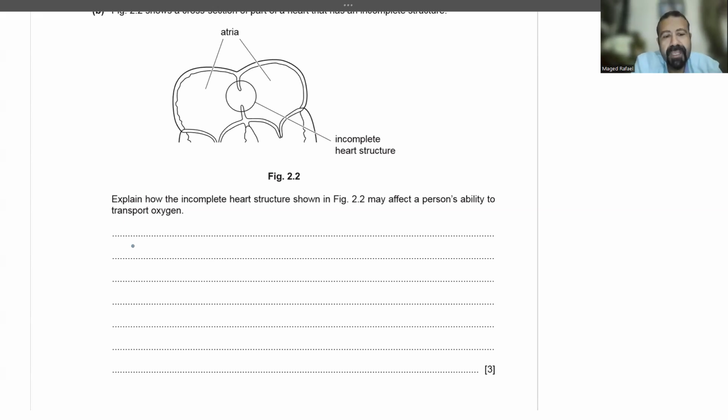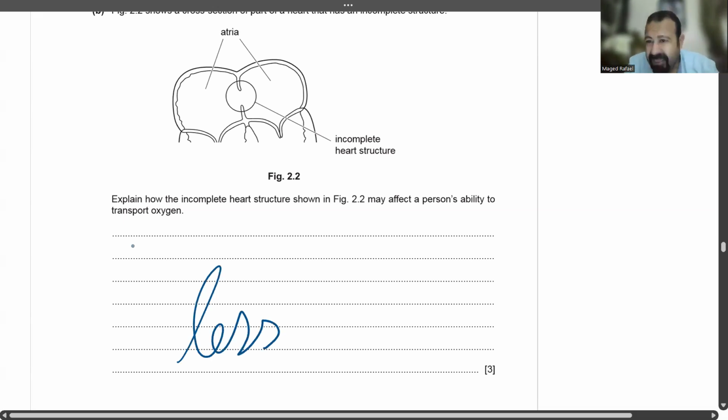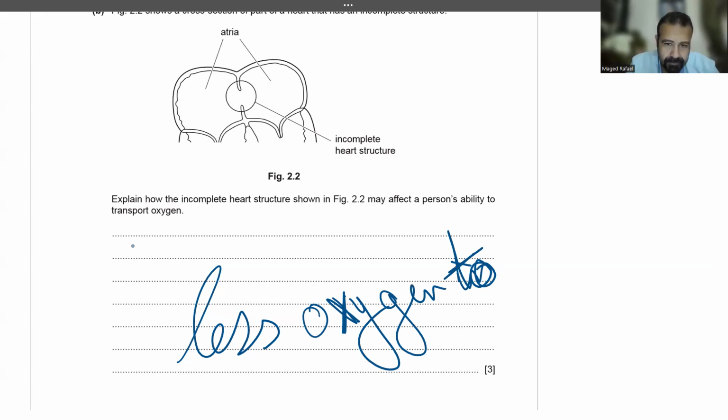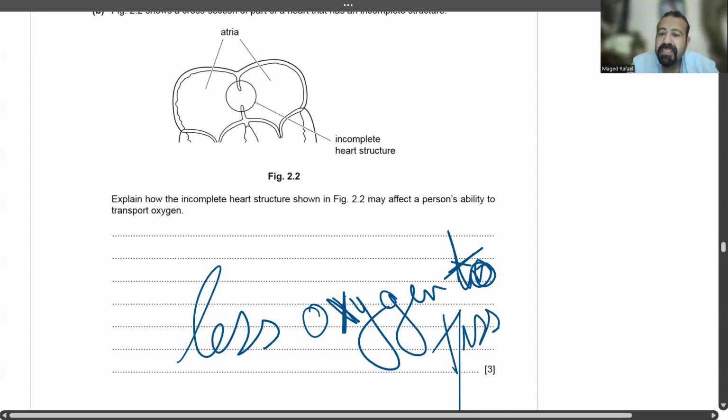Okay. So the last point to end your answer with, Malak, is what will be delivered to the respiring tissue. Less oxygen, sorry, to the respiring tissues, or to the tissues.